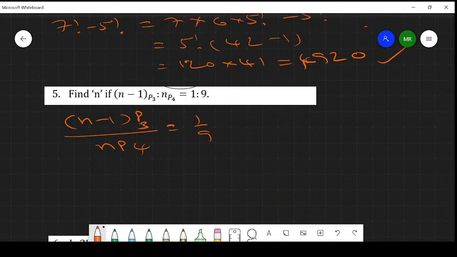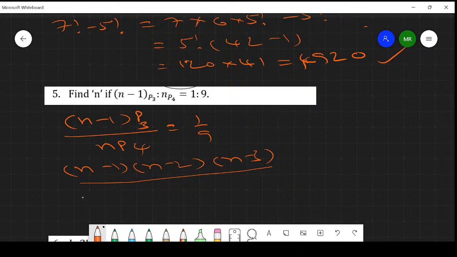Here, the idea is the simple way. You can use the formula (n minus 1) factorial by (n minus 4) factorial, or else 3 means I can write this another way: n minus 1, n minus 2, n minus 3, consecutive 3 factors.